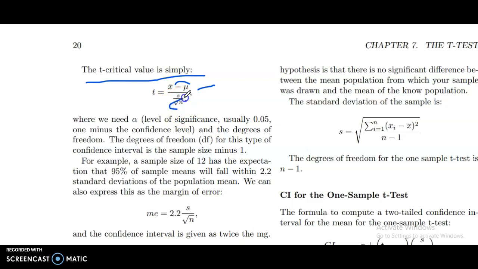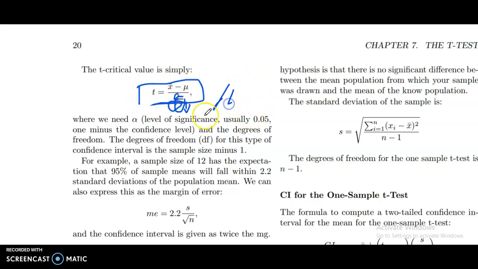After getting this value, we divide x bar minus mu by it, so we are getting the result like this. So this is the error.